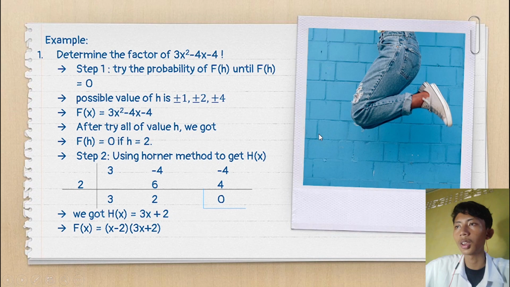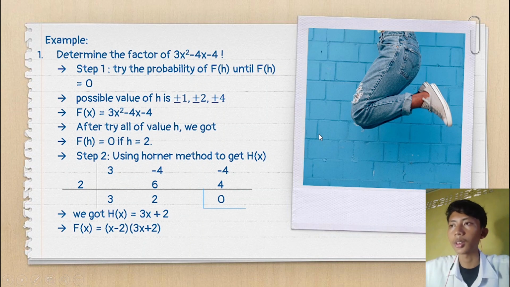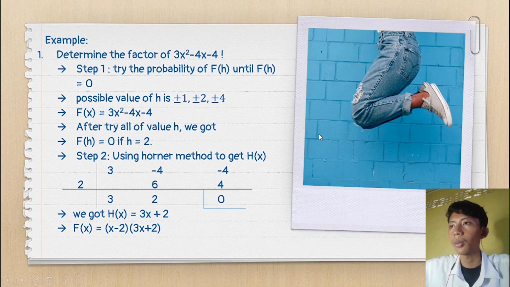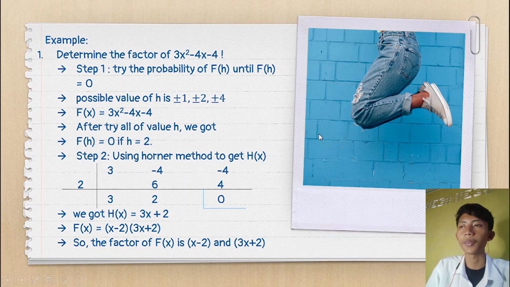So write down the coefficient of x squared and multiply. 3 multiply 2 is 6. 6 minus 4 is 2, and 2 multiply 2 is 4. 4 plus minus 4 is 0. So because the last result is 0, we got q(x) = 3x plus 2. So the factors of f(x) are x minus 2 and 3x plus 2.